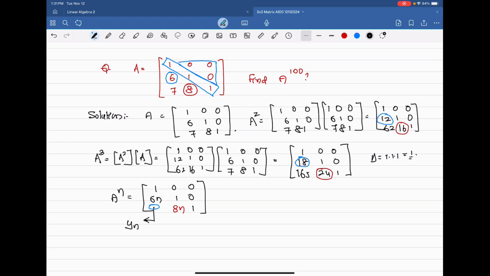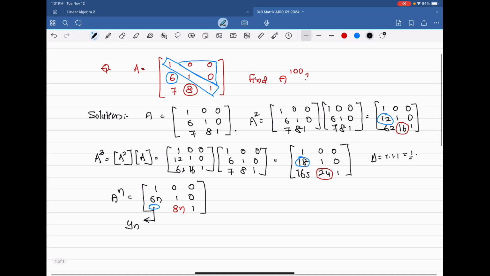Under these conditions, we assumed that A to the power of n has 1, 0, 0 in the first row, for the second element of the first column n, 1, 0, and the third element of the first column is not yet found. We'll find it. And it is 8n, the third element of the second row.